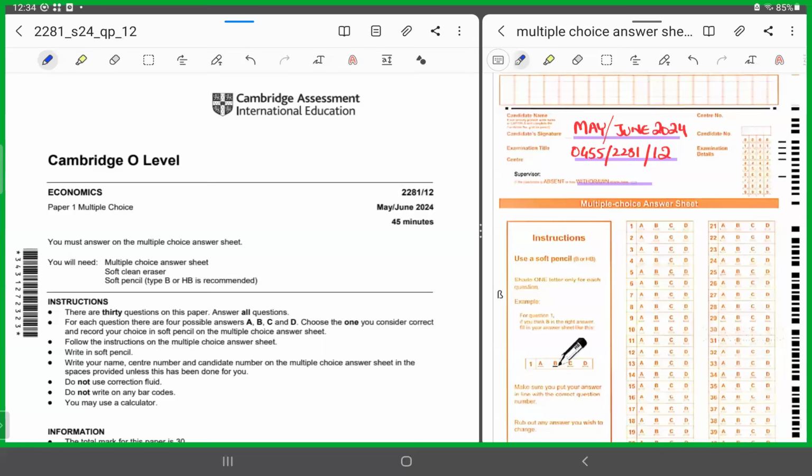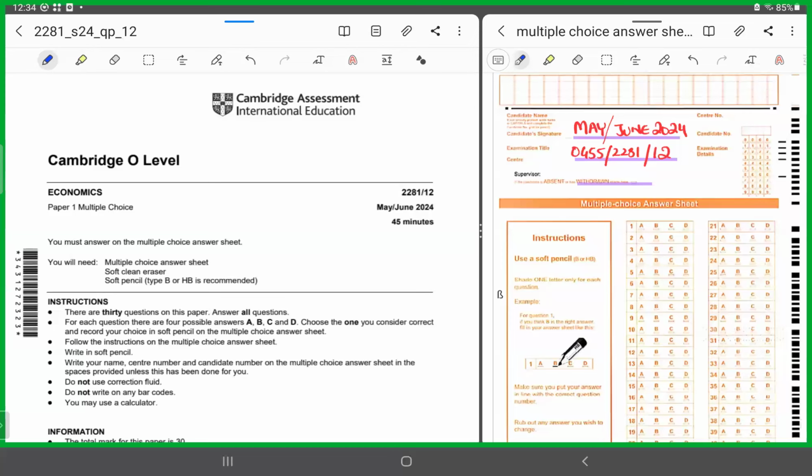Now, a word of advice before we proceed to this paper. I know we've got paper one this Tuesday. Though we are all quite familiar with the paper pattern, I just wanted to readdress the particular things to reinforce them. 45 minutes will be given to you, and 30 questions will be there.